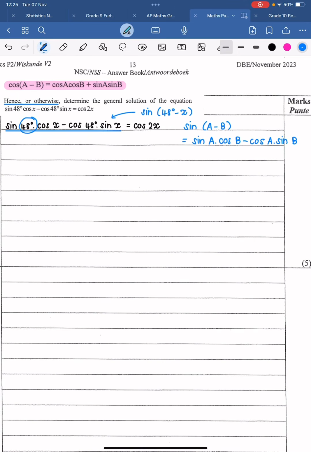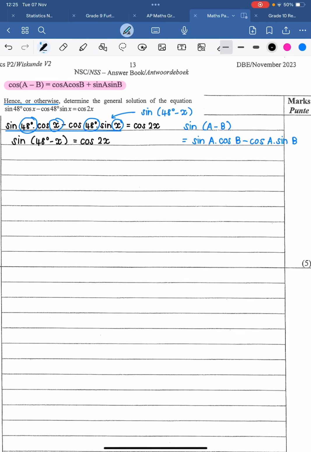We have sine of an angle 48 times cos of an angle x minus cos of an angle 48 times sine of an angle x. So what you could do is you could replace what is on the left with sine of 48 degrees minus x, and that is then equal to cos 2x.